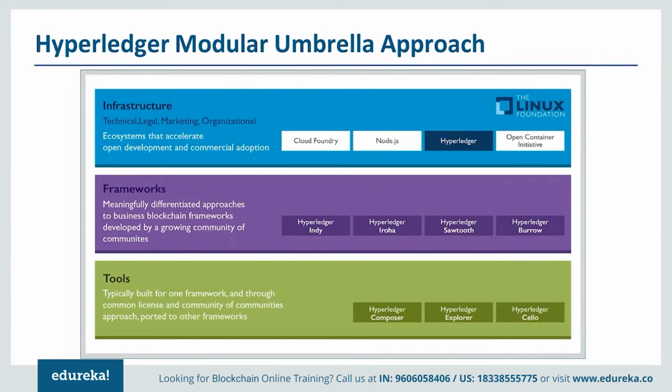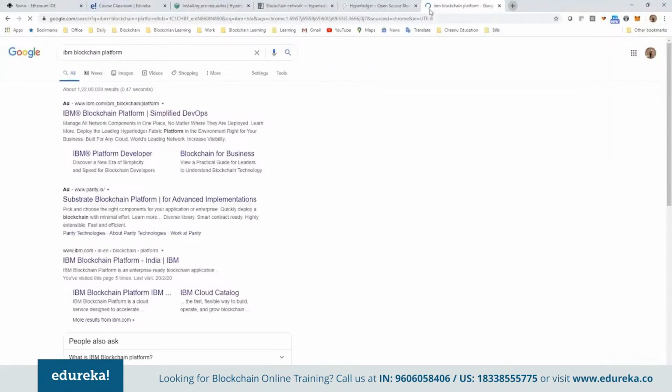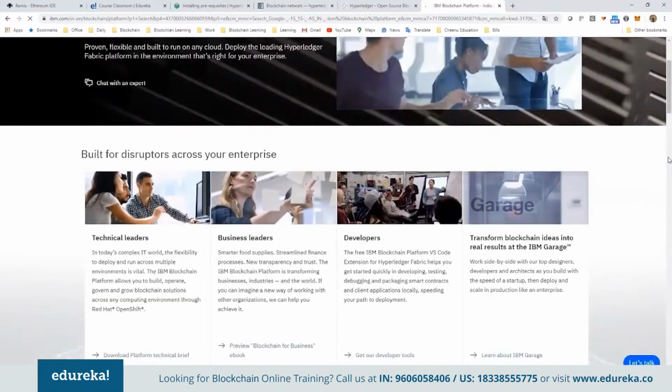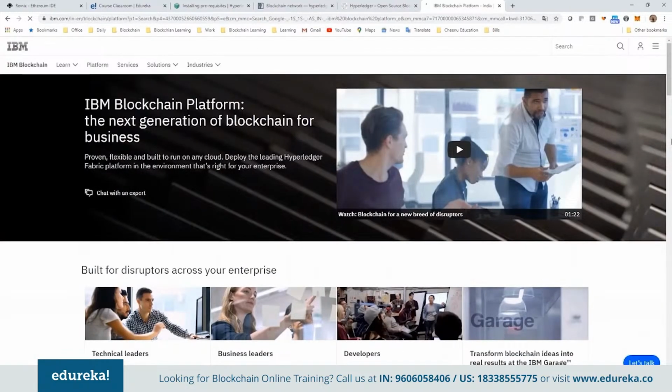If you want to see a blockchain as a service platform, then you should also be seeing some of the complex implementations which are available, like IBM Blockchain Platform. So that is currently number one blockchain as a service platform. So although Hyperledger Fabric is free, if you want to use it as a service and if you want to quickly create your network without getting into the hassles of modifying the configuration files, setting up the various things and coming up with the problems and things like that, then this is the way to go.